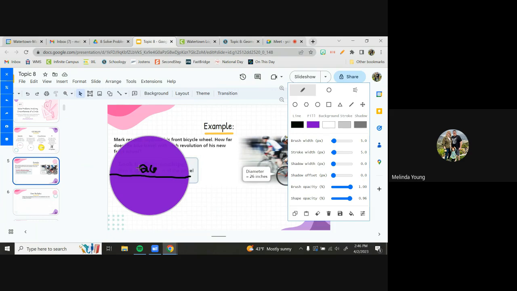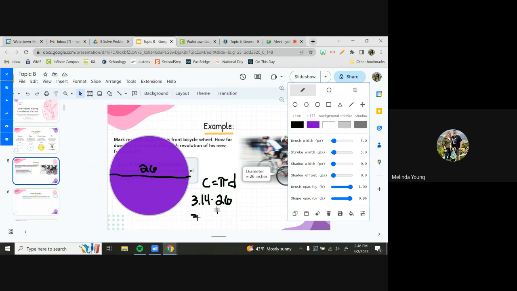So to find the circumference, using circumference equals pi times diameter, I am just going to use 3.14 as pi and multiply that by 26. And if you calculate that out, you should get 81.64. I'm just going to double check my math here.